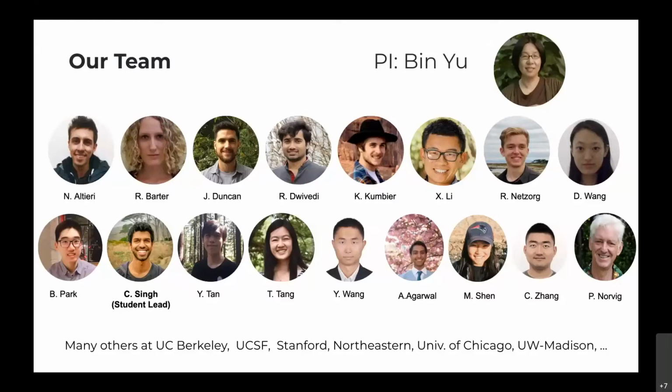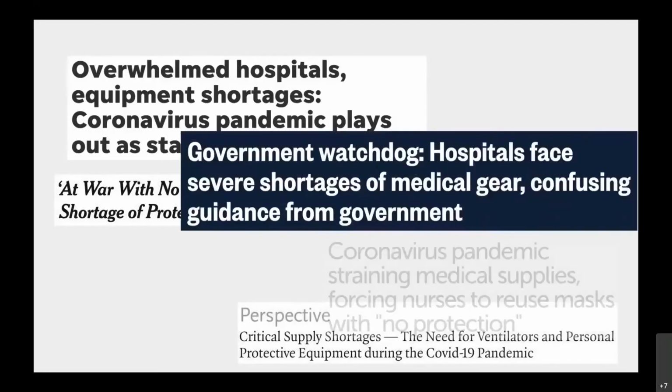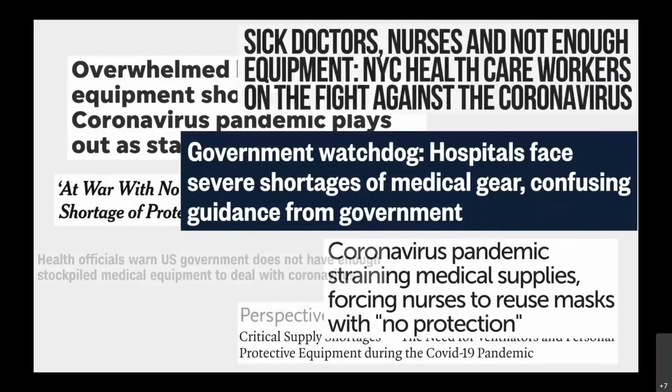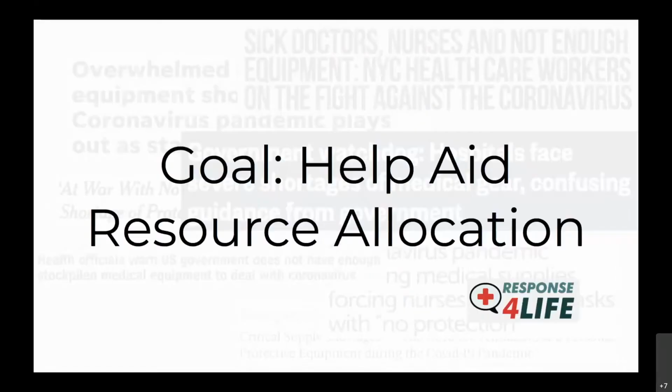And it all kind of started back in March when things were starting to look pretty bleak in New York. I know we've all seen these headlines, cases and deaths spiking, hospitals over capacity, and huge shortages of PPE. And around that time, we teamed up with a nonprofit organization, Response for Life, to try and help with hospital supply and resource allocation.